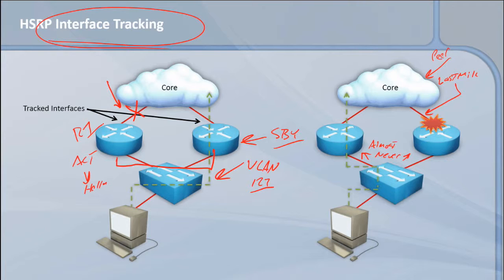And what happens? It's going to get dropped. Alternatively, it could go through R2 as kind of a less efficient route, depending on how your routing's set up. But ultimately, if router 1 doesn't have a connection to the internet, he's down. He's not doing us any good.